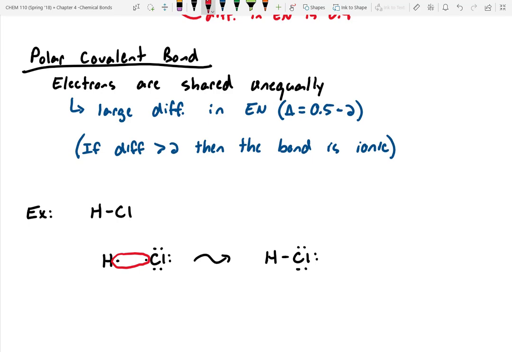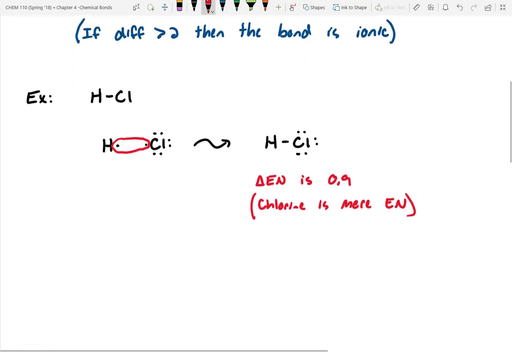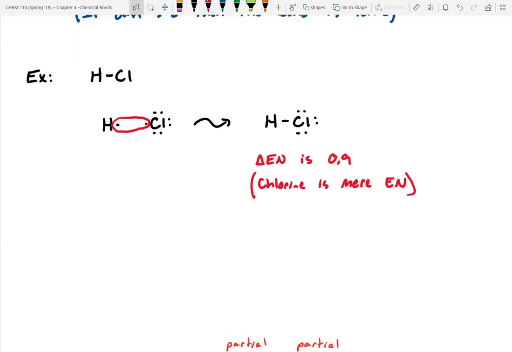And in fact, if you use the table, the difference in electronegativity is 0.9. And we know that chlorine is more electronegative. Let me make this bigger. Does that make sense?